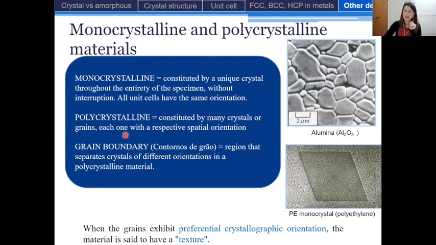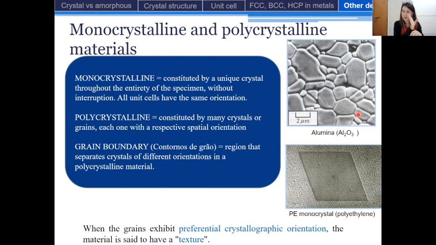In this image, you can see different parts of this material, which is alumina. Each part has the same composition, but each block corresponds to one grain or one crystal. In this crystal, we have many unit cells that have one specific orientation. All of the unit cells are built along one orientation. And in the next block that you can see, we have another set of unit cells in this crystal, but that have a different orientation.